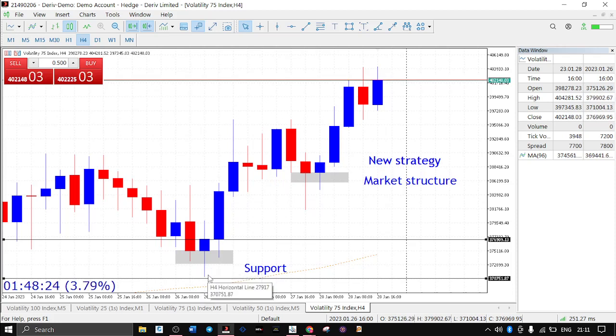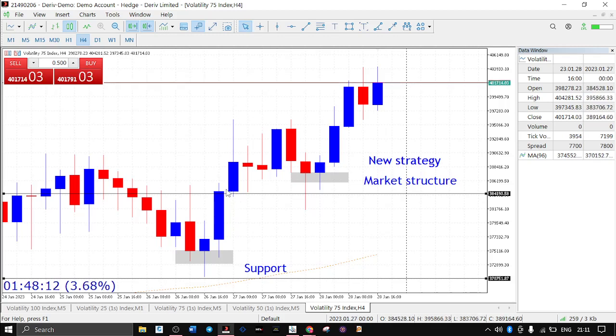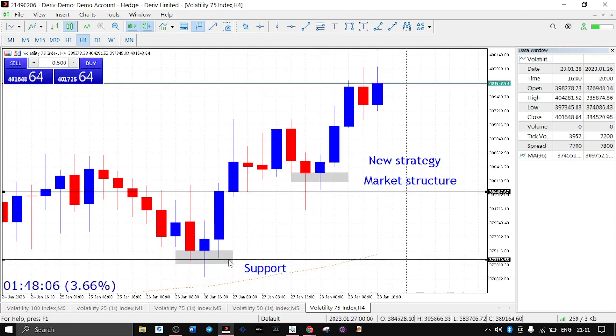Now if I have missed this run, I will wait again for this candle to finish printing, then I buy around here and put my stop loss below this candle. You see the market never came back to attack my stop loss, meaning that it is respecting this support zone.